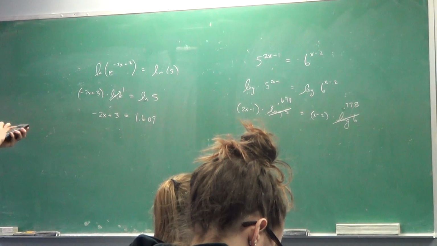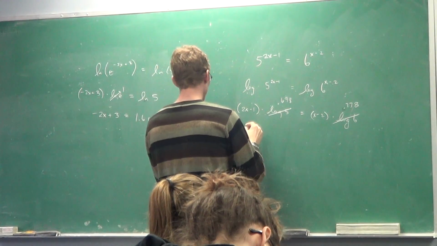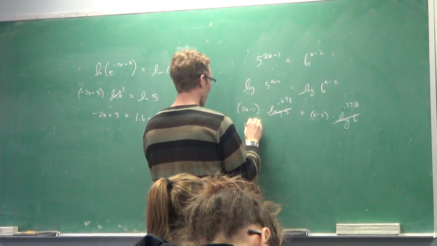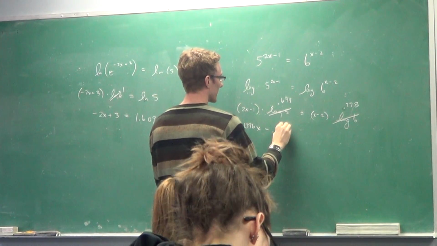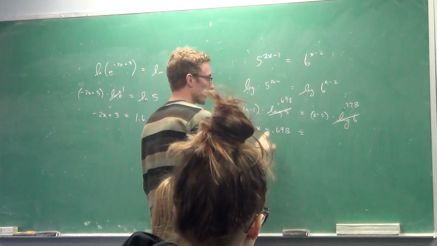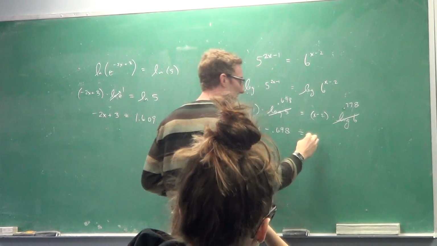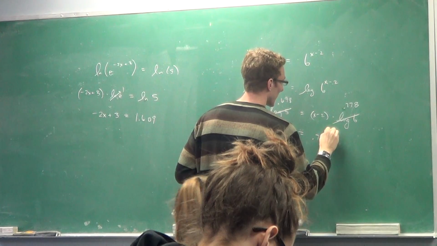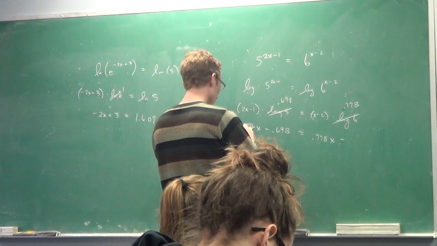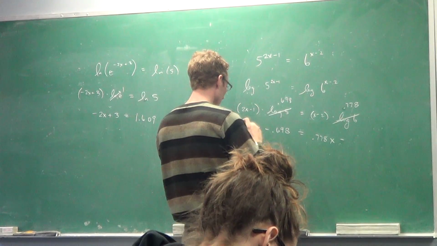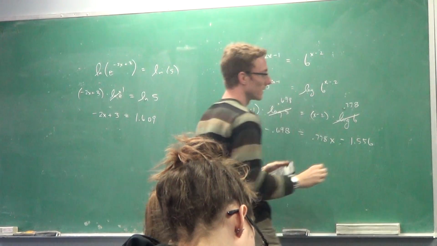So 0.698 times 2 is going to give you 1.396x minus 0.698. Just distributing the 0.698 to the two terms, and then distribute the 0.778, you'll get 0.778x, minus 2 times 0.778 is 1.556.